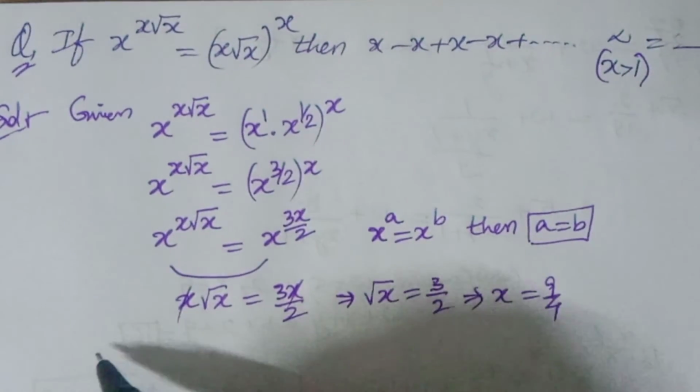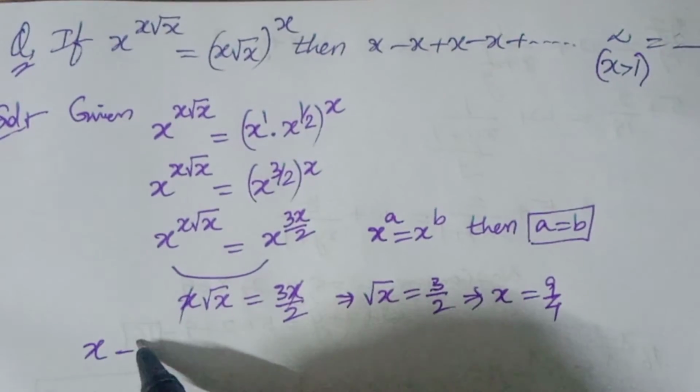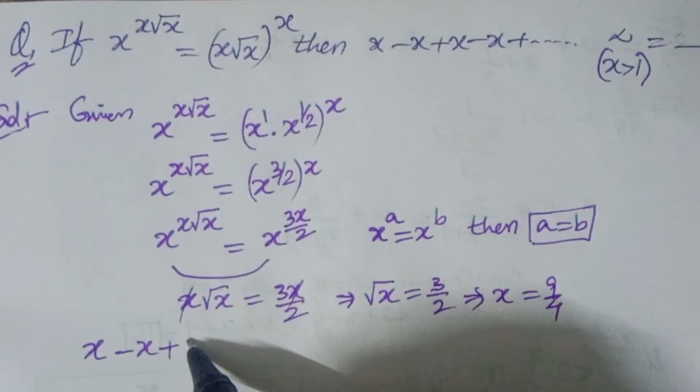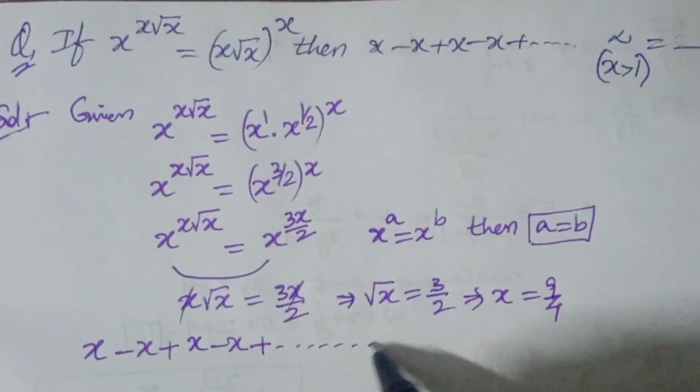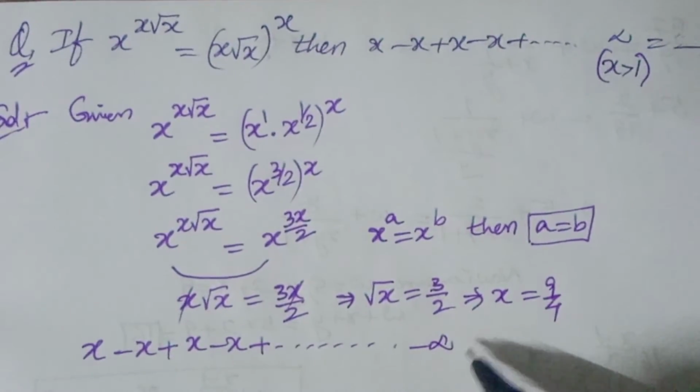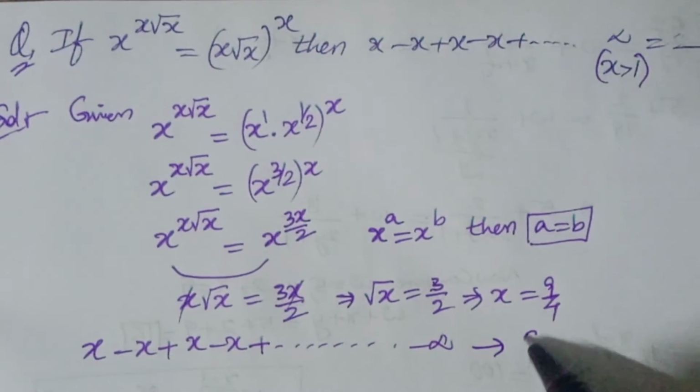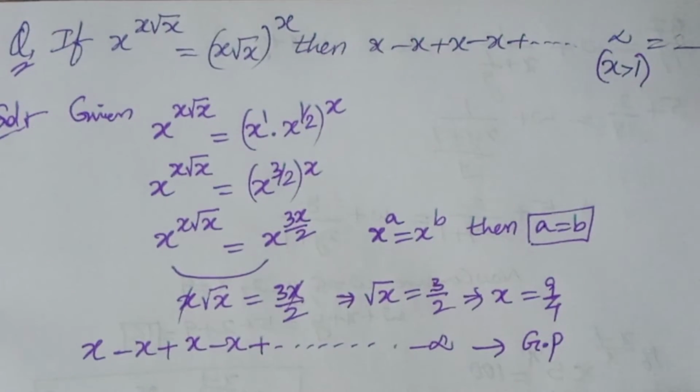Okay, now the given sequence is x minus x plus x minus x plus x up to minus infinity. So this is in GP, geometric progression.